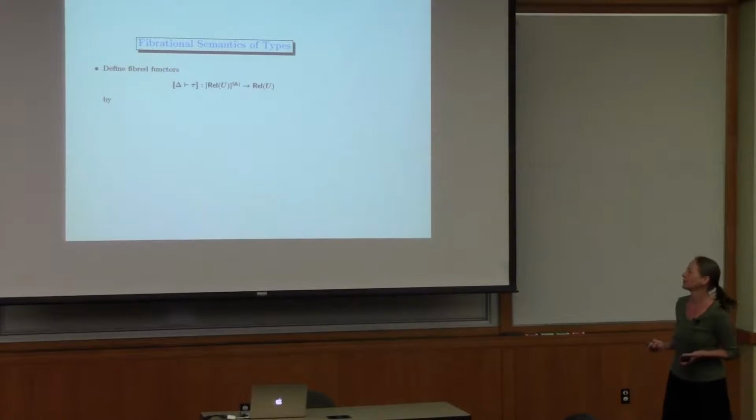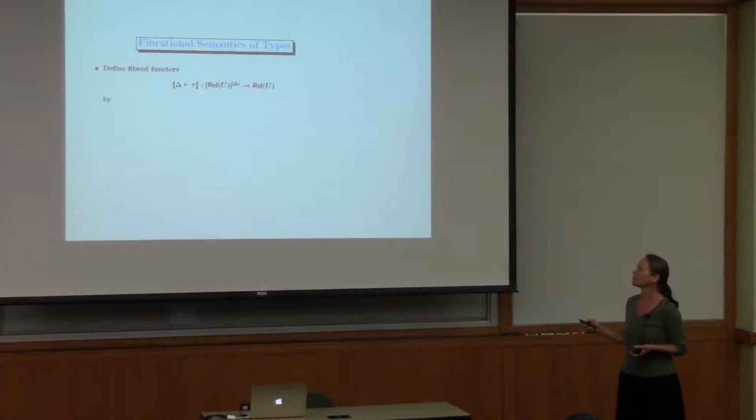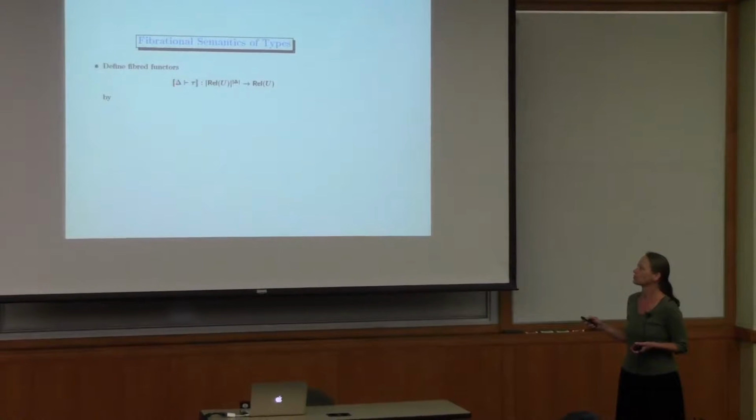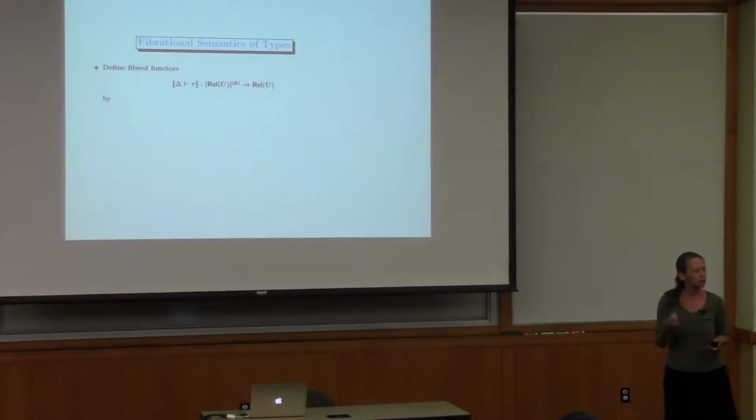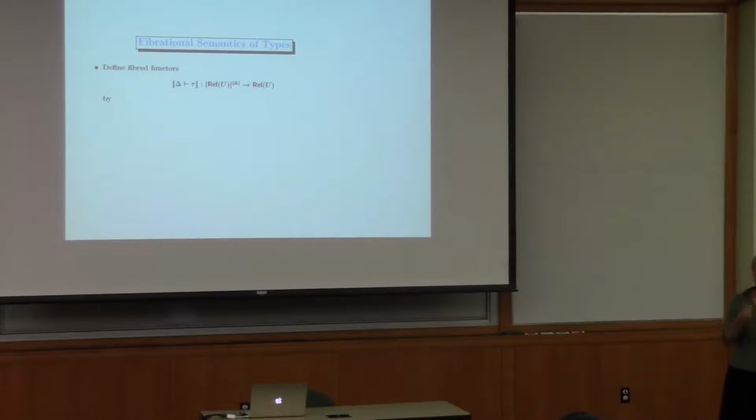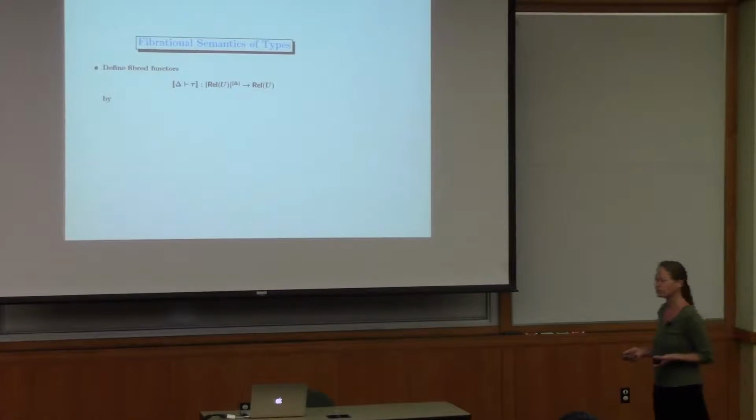You might think you could do that, but you can't, because after all, this type might have type variables. So I need to interpret the type variables as well, and that's what the type context is going to do here, right? So you have to give me a bunch of things that can interpret types, and then I can give you an interpretation of my type tau. And similarly for terms when we get there.